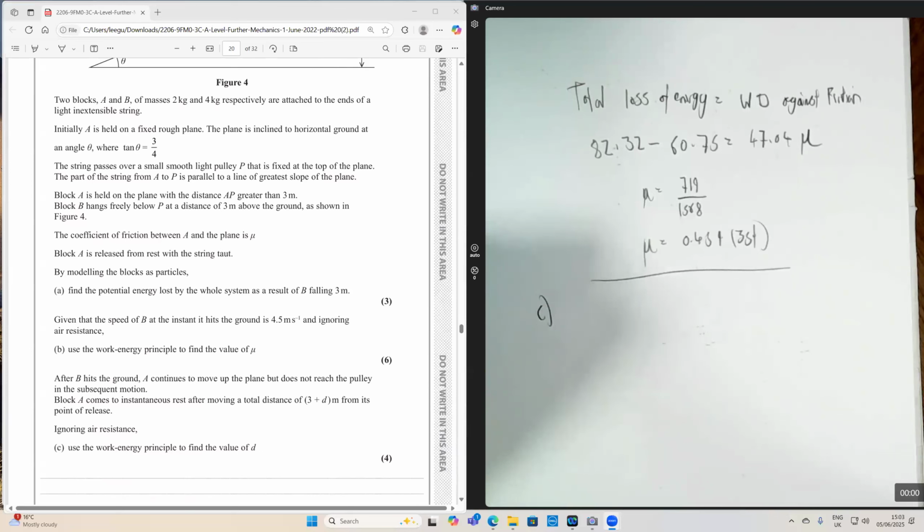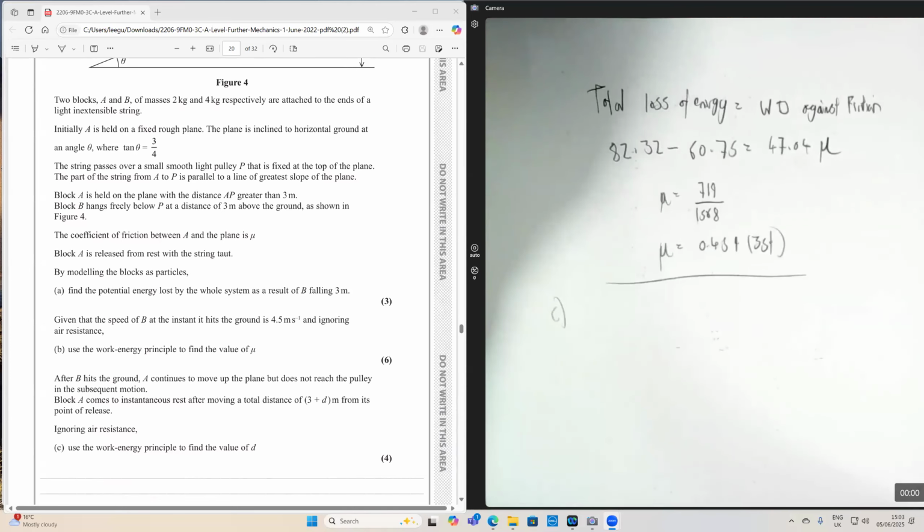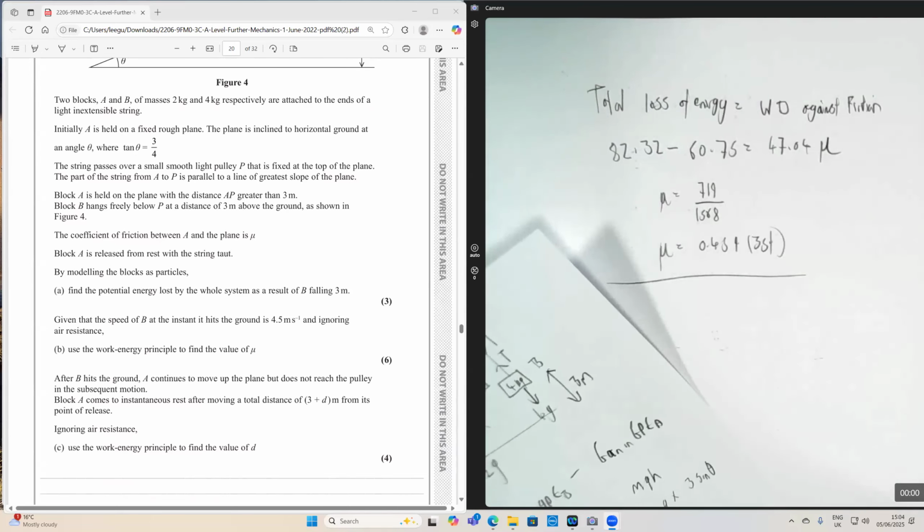It says after B hits the ground, A continues to move up the plane, but it does not reach the pulley. Block A comes to instantaneous rest after having moved a total distance of 3 add D from its point of release.